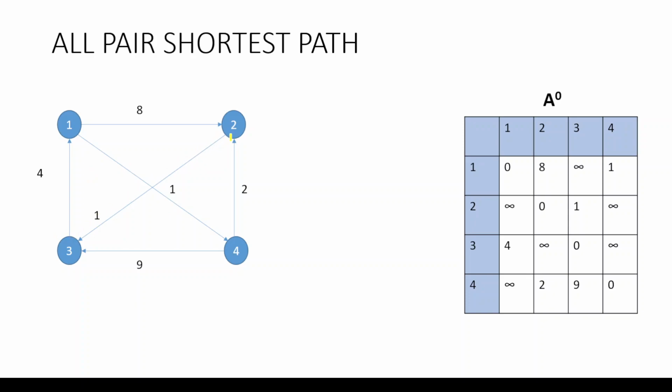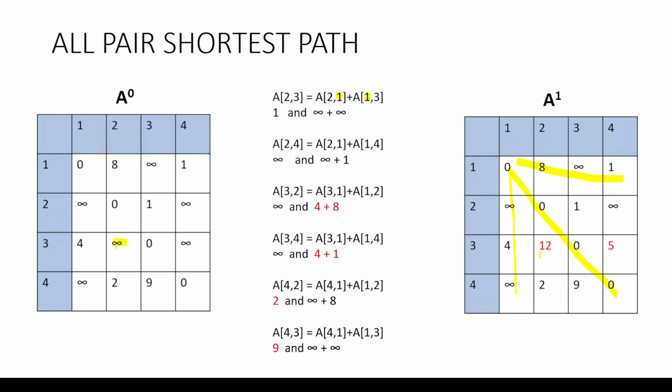There was no edge from 3 to 2 because it is a directed graph, so I marked it as infinity. Now I am checking whether there is an edge from 3 to 1 and 1 to 2 so that the path is less than infinity. We can see here 3 to 1 is 4, 1 to 2 is 8, so it is 12. 12 is less than infinity. That is the reason I am changing this value to 12.